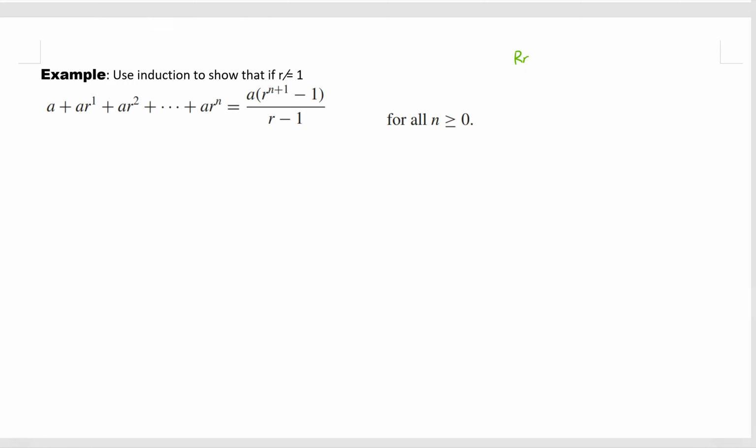It can start with other numbers, but you just need to be careful. The base case, your n will change. In this case, we change to 0. Okay, so let's continue.